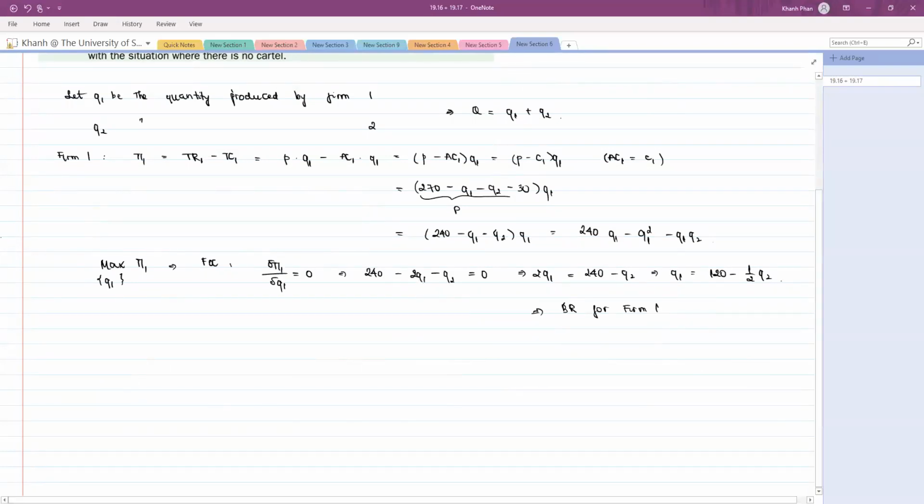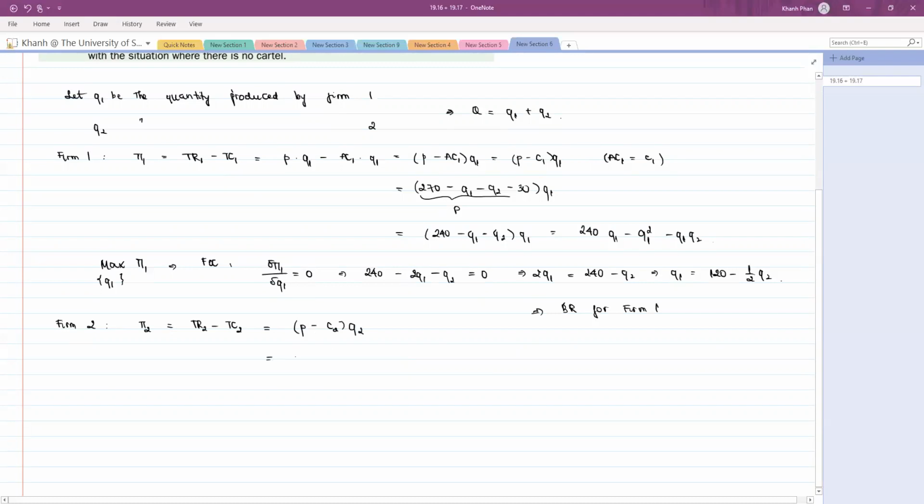Okay, so we are going to do exactly the same thing for firm 2. We write the profit for firm 2, which is again just the total revenue minus total cost. And again, that's just going to be the price minus C2, everything times Q2.